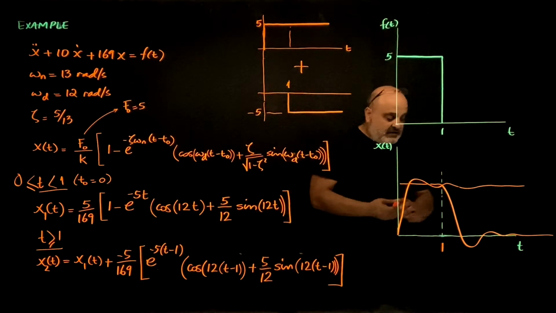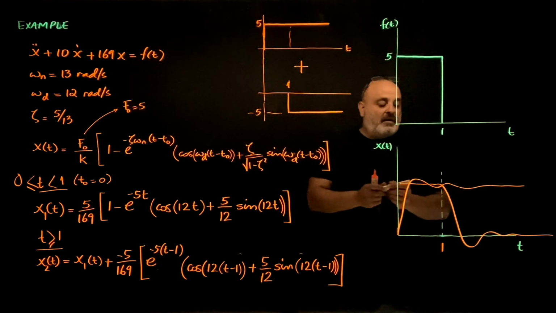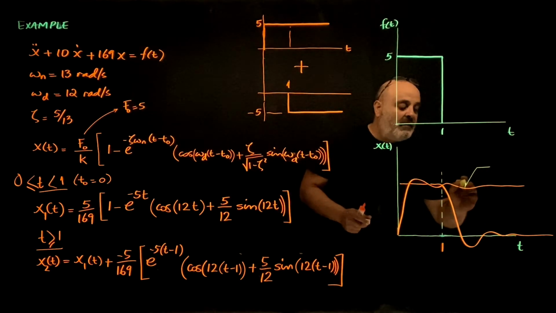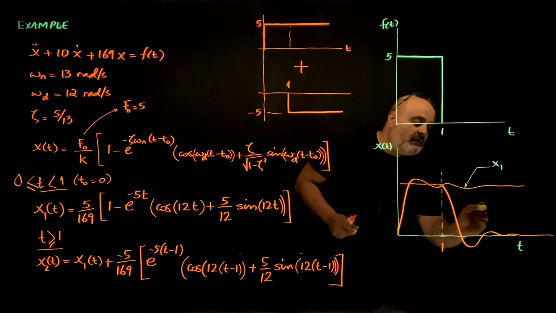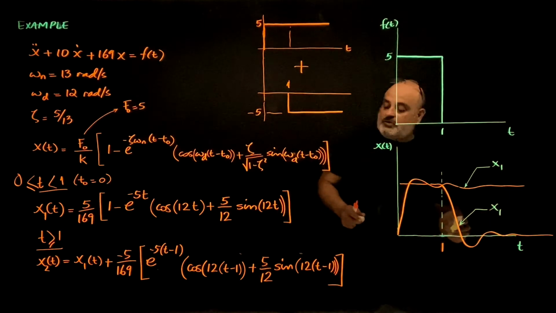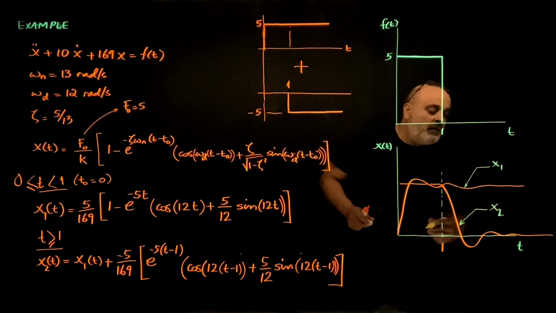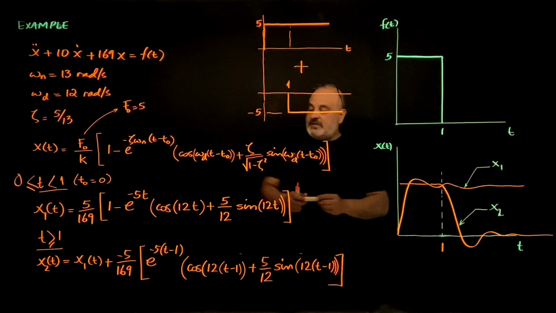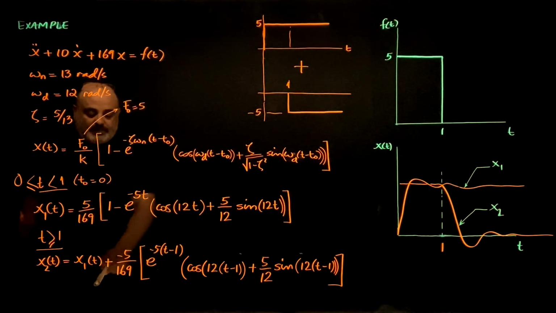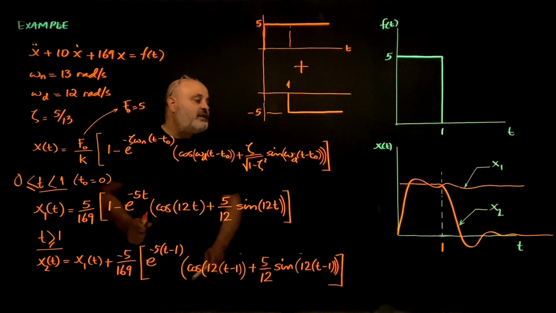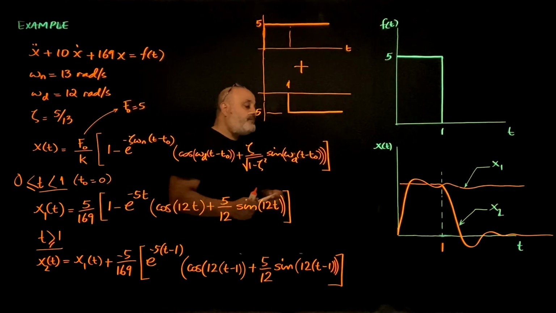So this alone is x1, and right here x2, which is the total of the response of the first step and the second step.